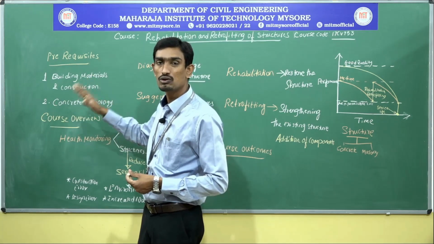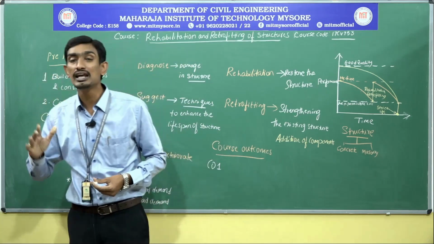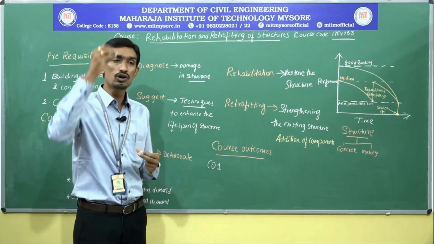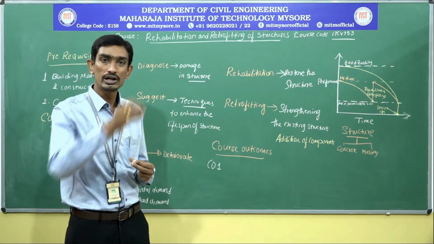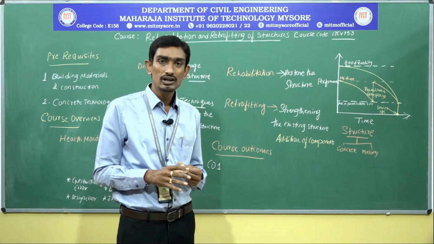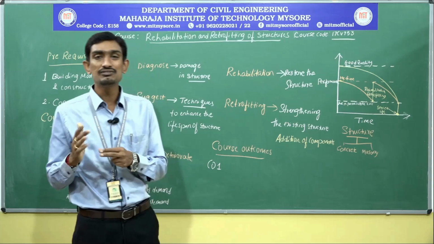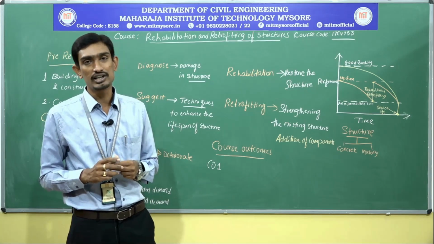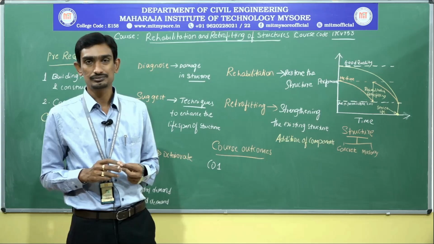All those parameters are prerequisites. You are going to apply those fundamentals so that you can know the causes for the deterioration of a concrete structure. That is CO number 1.